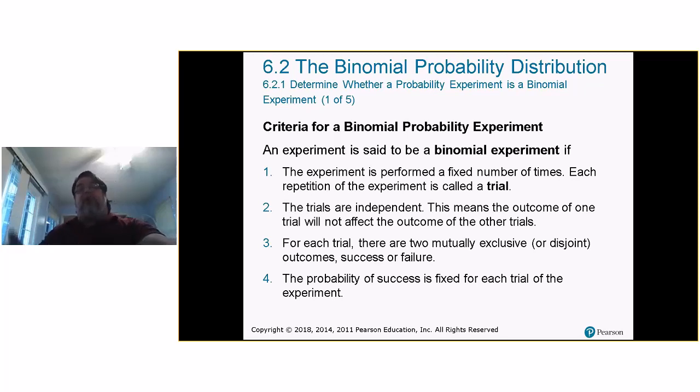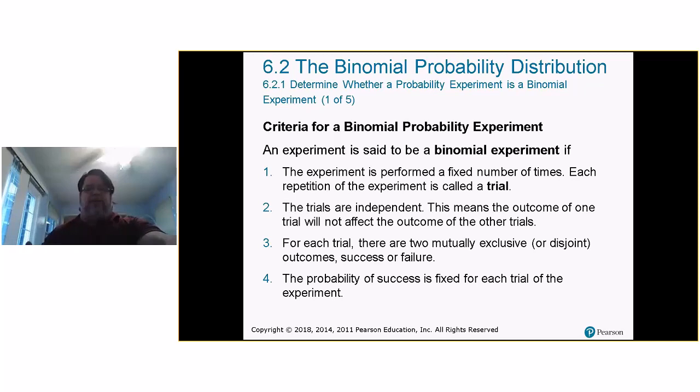So if I flip a coin up in the air and I get heads and I pick it back up, heads don't disappear, and I just have tails. You still have heads and tails, so they're independent, meaning that the flip you just flipped doesn't affect the future flip.